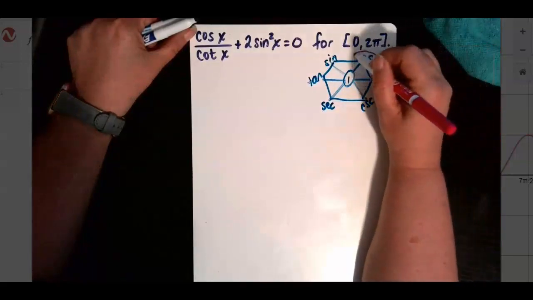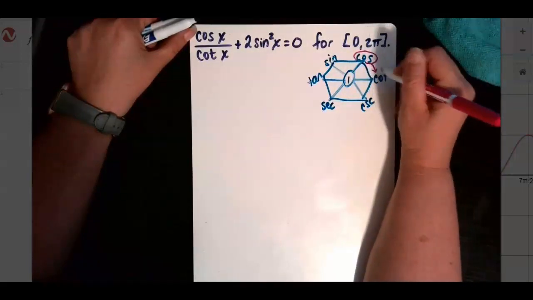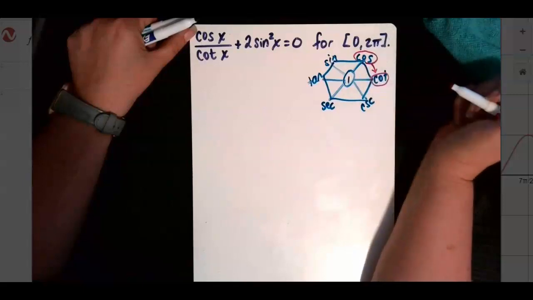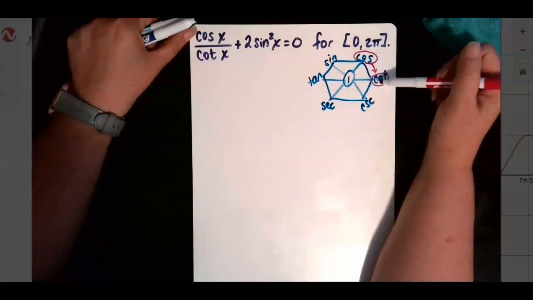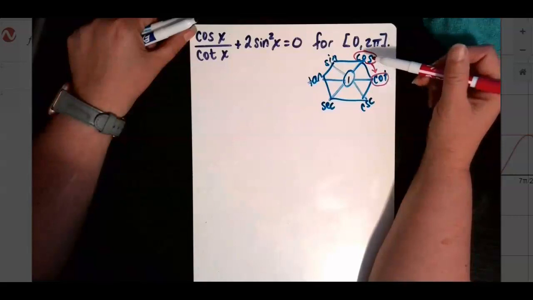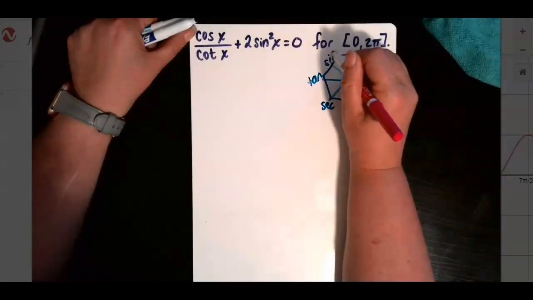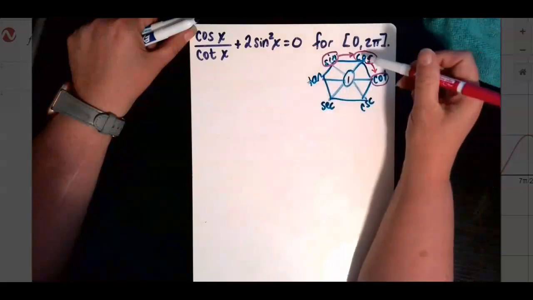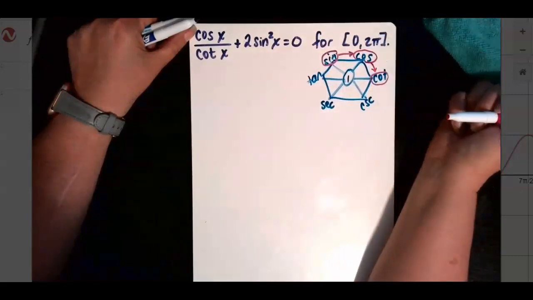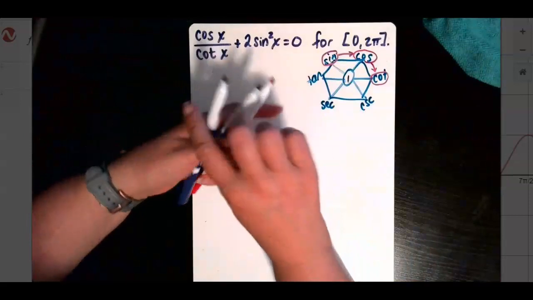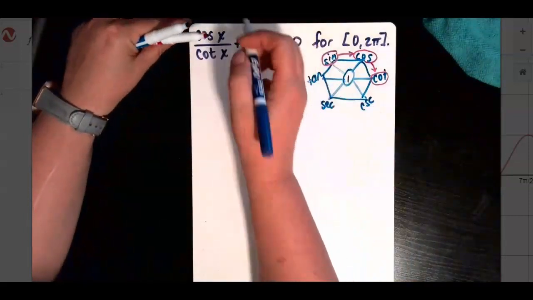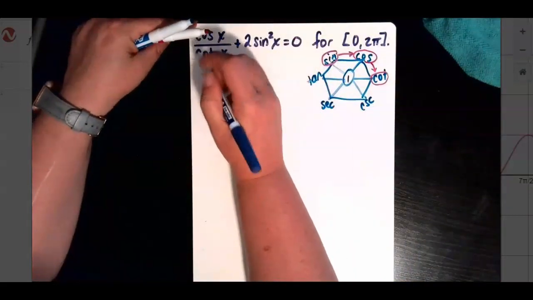So here's cosine in the numerator and cotangent in the denominator, and if you recall, two consecutive vertices do make a quotient of the one ahead of it. So the sine is equal to the cosine divided by the cotangent.